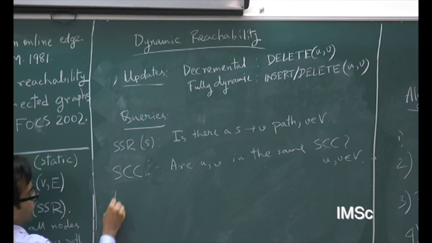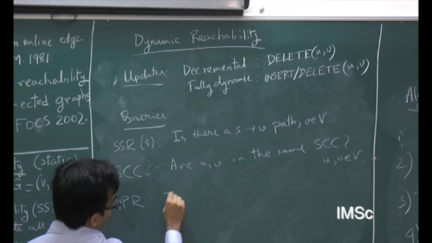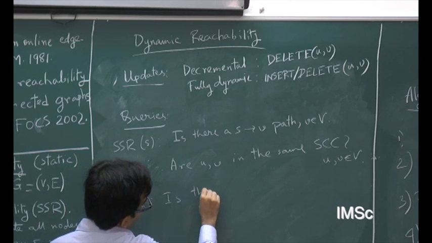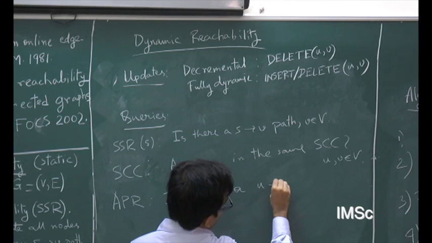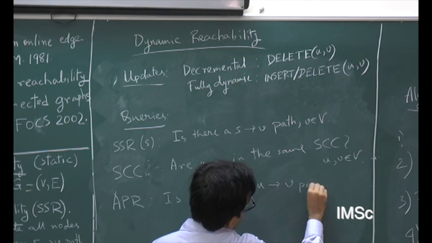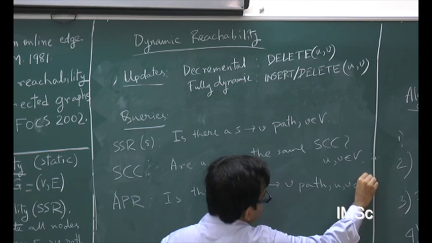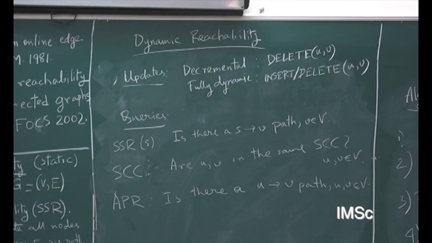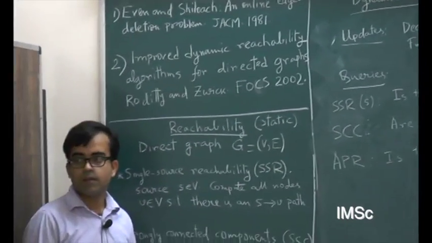And finally, in all pairs reachability, the query will be: is there a U to V path, where U and V are any pair of nodes. In the first case, S is fixed, whereas V will be some node.